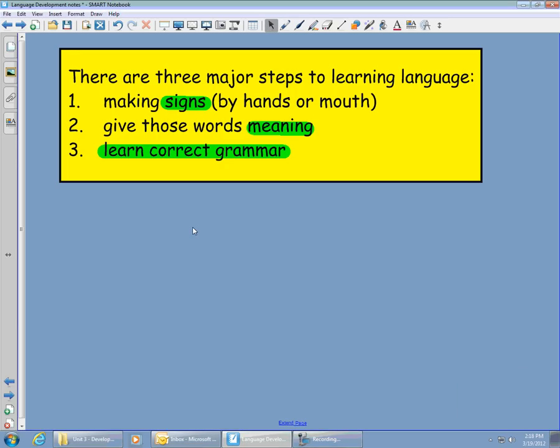For example, when I start sentences with certain words, who, what, why, where, when, that's a signal that a question is on the way. That is the kind of grammar that we need to learn. And if you listen to little kids talk, one of the things that makes them fun to hang out with is that they say some pretty funny things because they're still learning these rules. They will make obvious mistakes because they don't yet know the grammar.